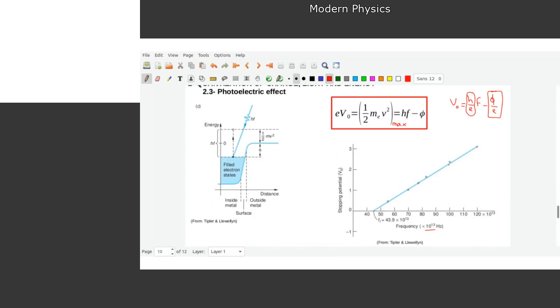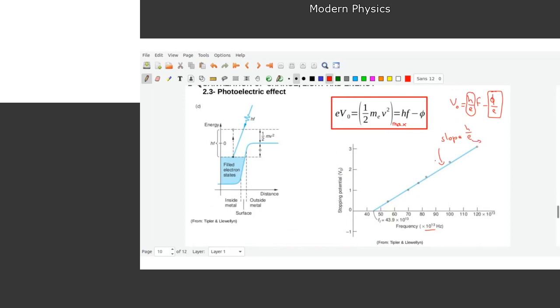And the slope of this line, what is the slope here? The slope is h over e. So if you don't know the value of h, you can measure it, because we already know the value of the elementary charge.